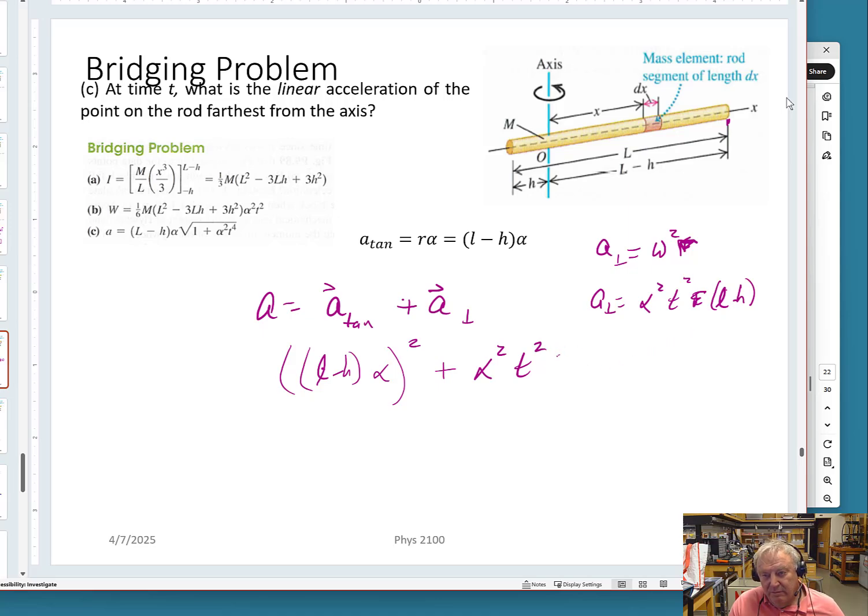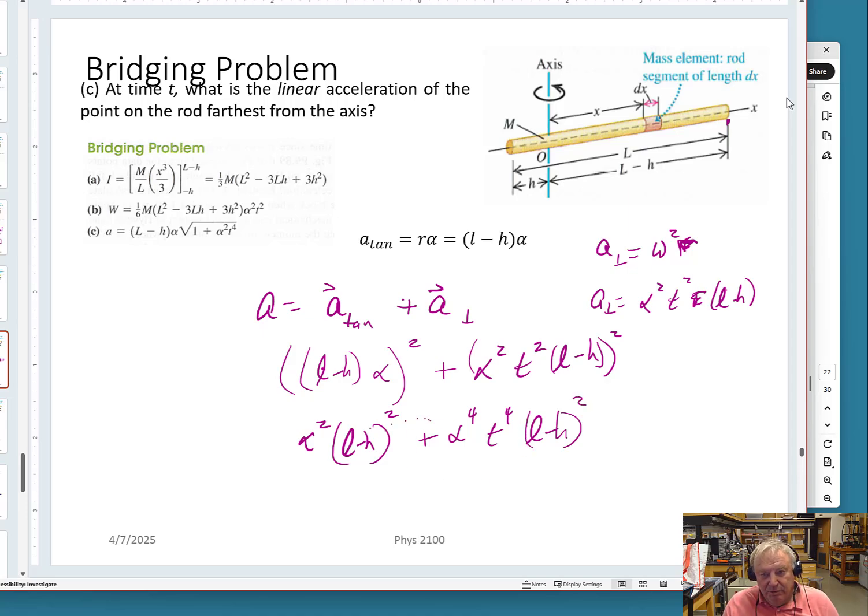And so let's see what we got. Alpha squared times L minus h squared plus alpha to the fourth t to the fourth L minus h squared.